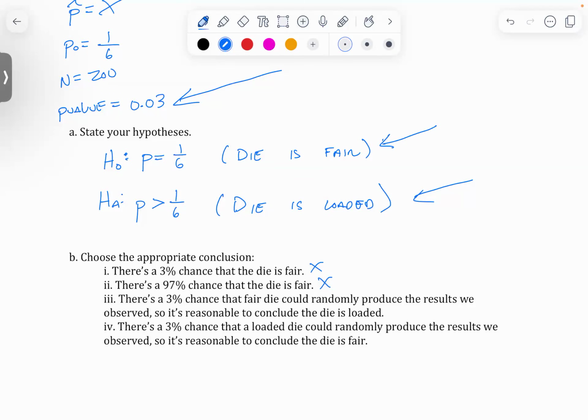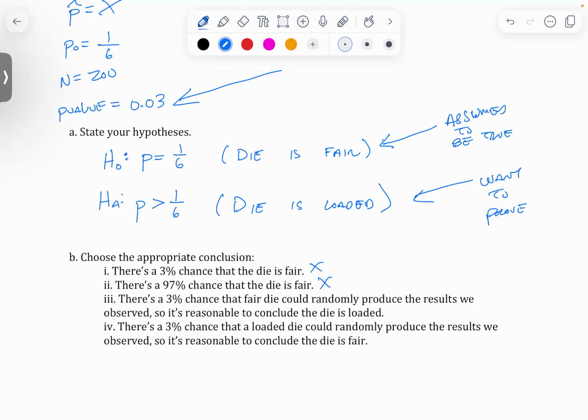Oh, that one looks good. There's a 3% chance that a loaded die, oh, that's already wrong, because this is what we assumed to be true, and then this is what we want to prove. And in this case, we actually did prove it after the p-value.